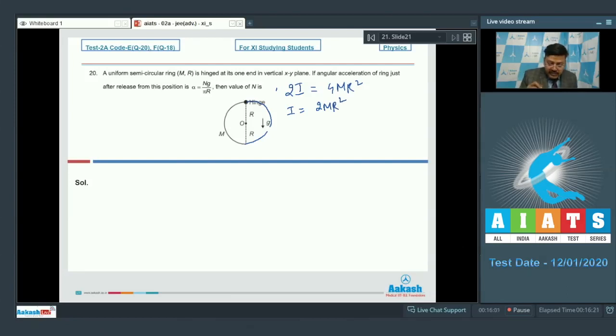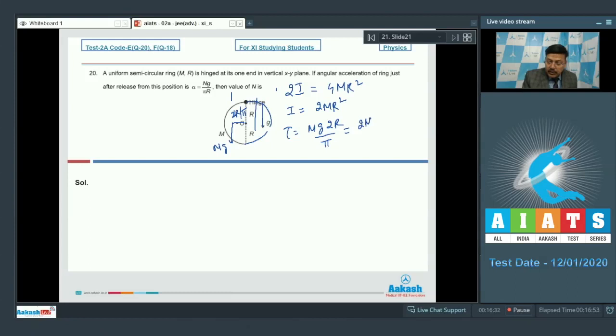Now if the system is released from this position, let's concentrate only on the one semicircular ring now. So we know the center of mass is somewhere here. This distance is 2r by pi and mass is m, so force is mg. The torque about the hinge will be then mg into 2r by pi, and this is equal to I alpha.